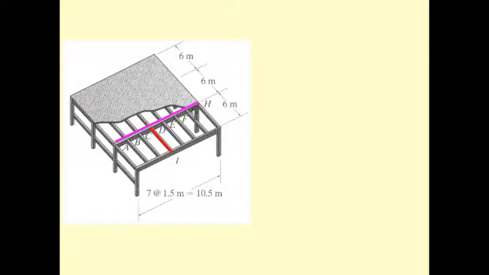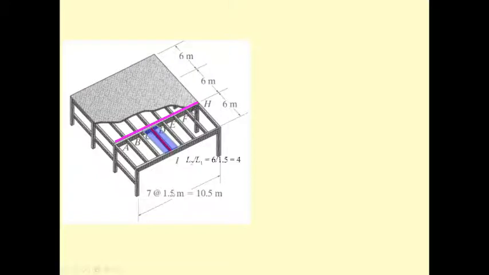By doing so, we have to consider the area that covers the beam. L2 is the distance between the girders, which is 6 meters. And then L1, the distance between the small beams, is 1.6.